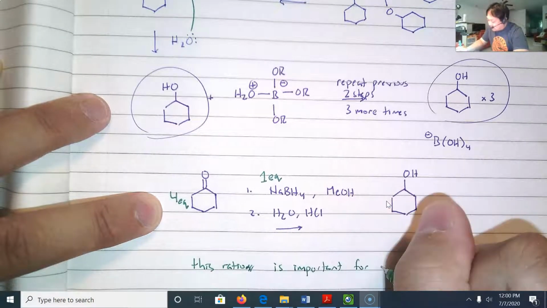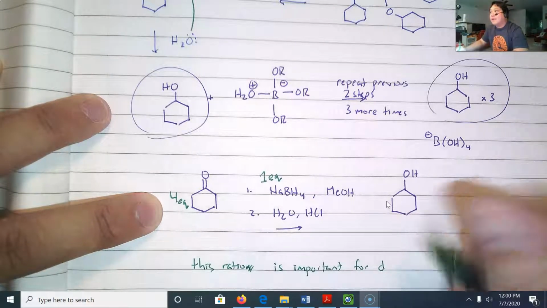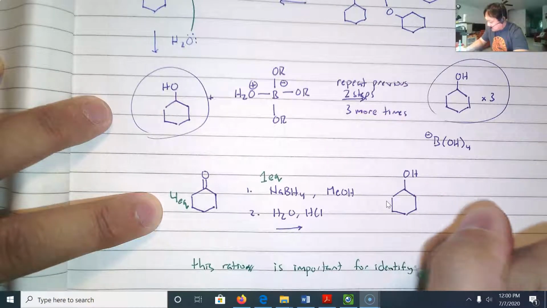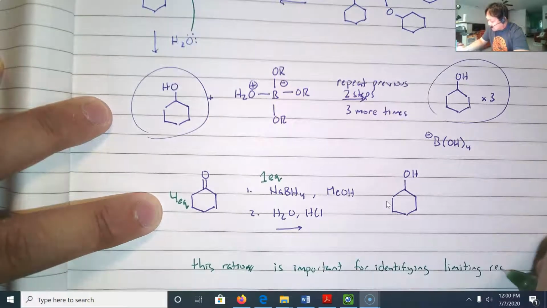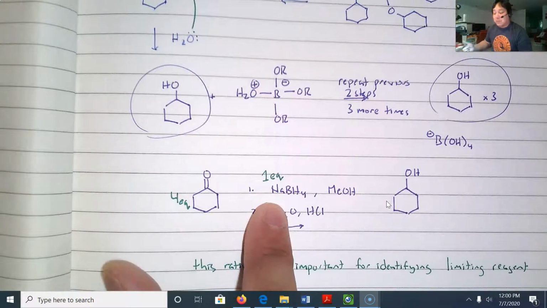It's important for identifying the limiting reagent, because you don't need as much sodium borohydride as you would normally think.